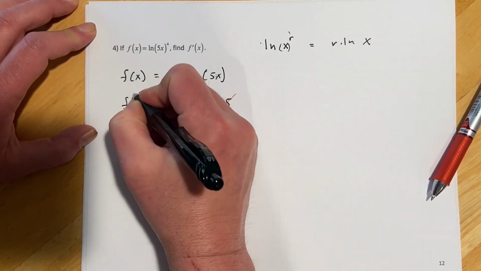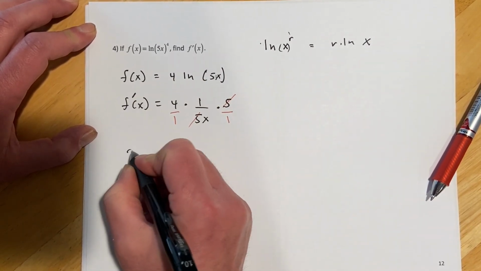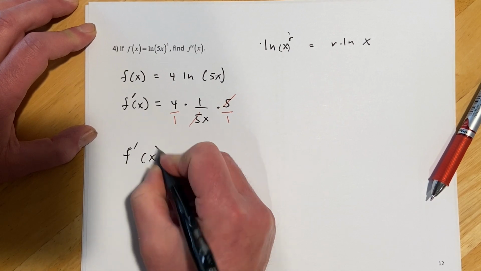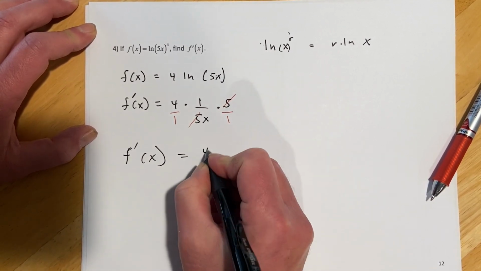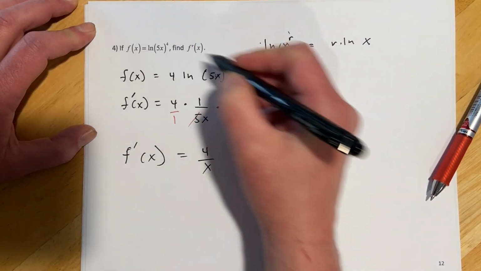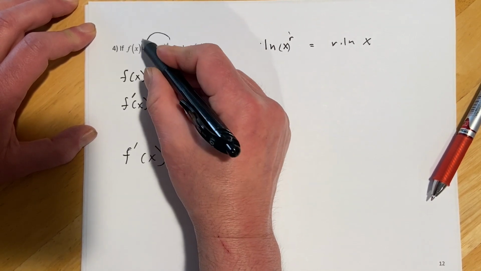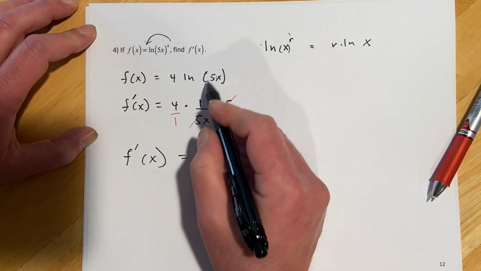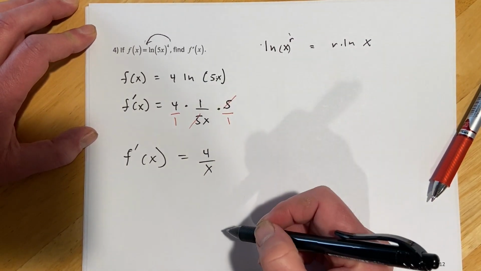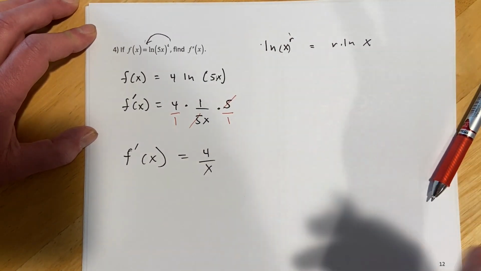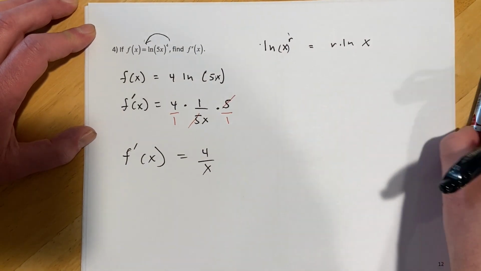So f prime of x equals 4 over x. So a much easier problem. Anytime you have a log with an exponent like that, bring that down front and you get a much, much easier version of the problem. You end up at the same spot, just a lot fewer steps this way.